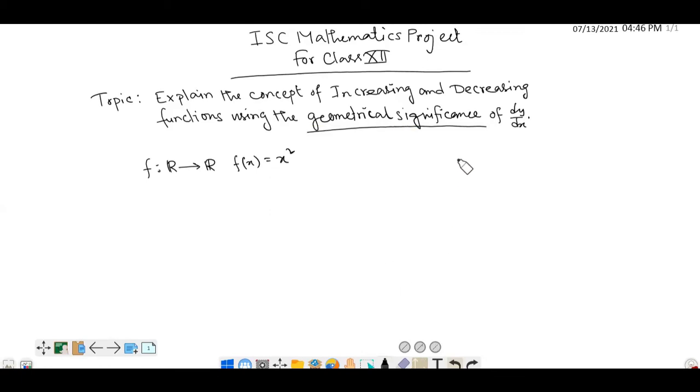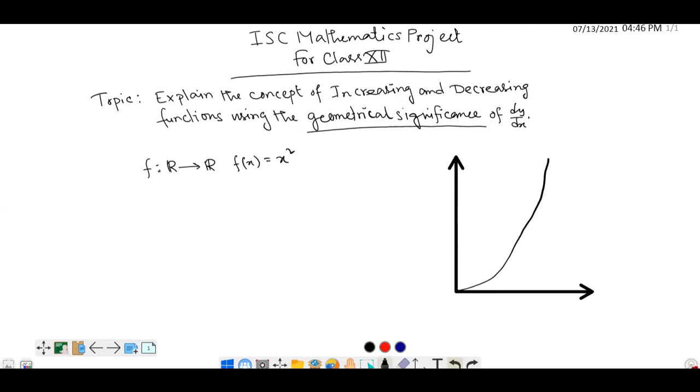So how the graph looks here, say this is the axis I'm taking, and we know that the graph of x squared looks something like this, though it is not looking properly as the graph, but the graph actually looks like this. Here it is the origin.